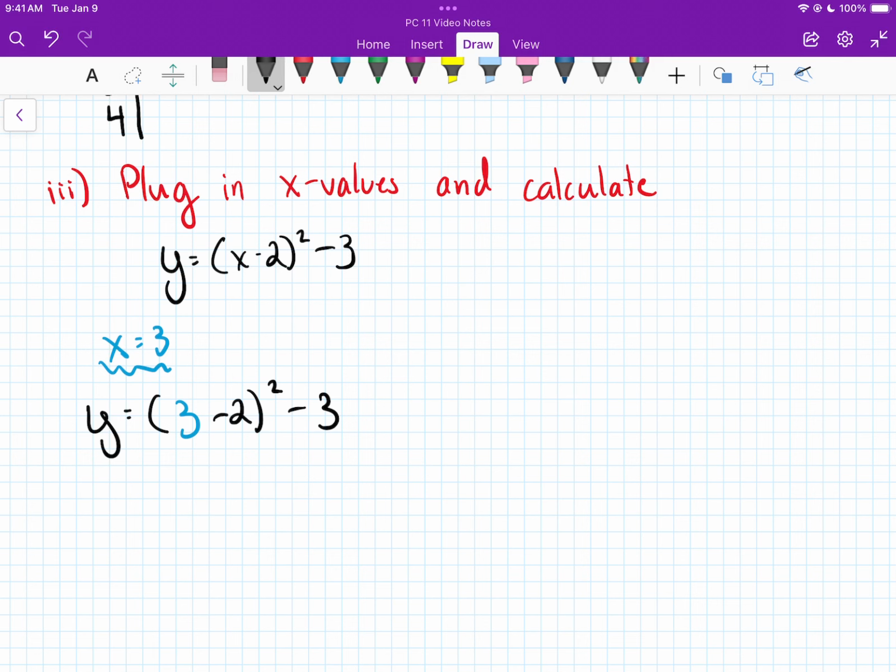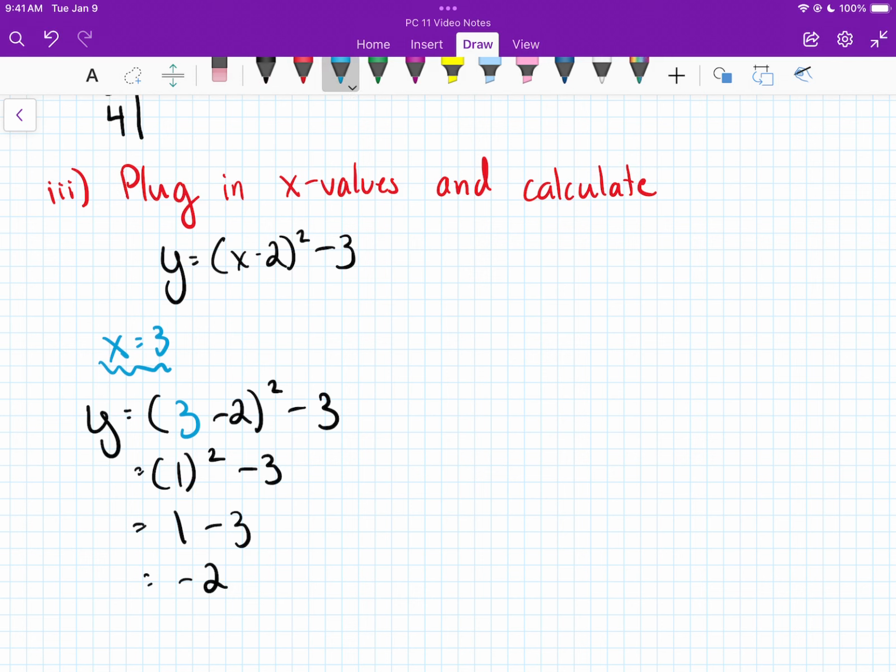And then we just have to follow our order of operations and be careful to make sure we're calculating our negatives properly. So 3 minus 2 is 1. 1 squared is also 1. And then 1 minus 3 gets us negative 2.